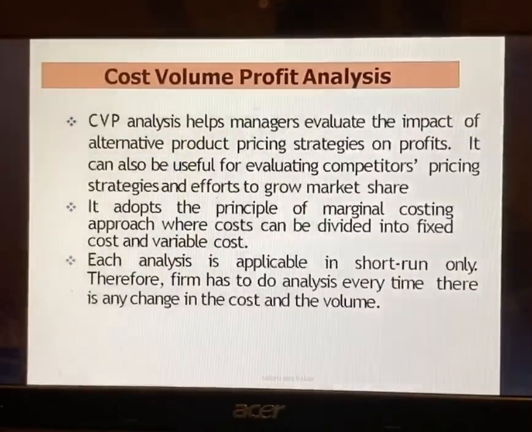It adopts the principles of marginal costing approach, where costs can be divided into fixed costs and variable costs. Each analysis is applicable in the short run only. Therefore, the firm has to do the analysis every time there is any change in the cost and the volume.